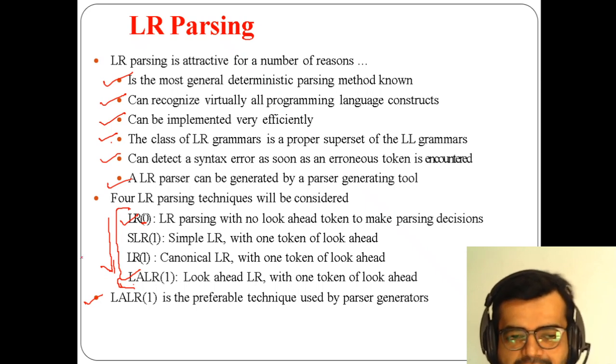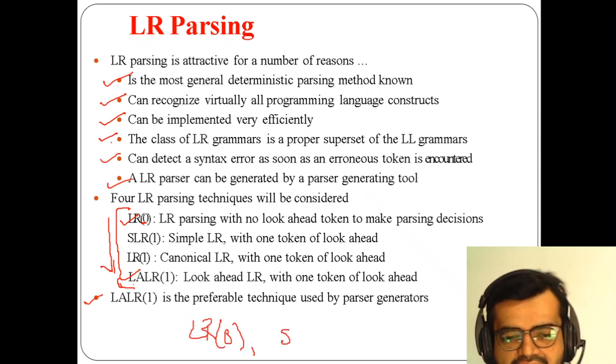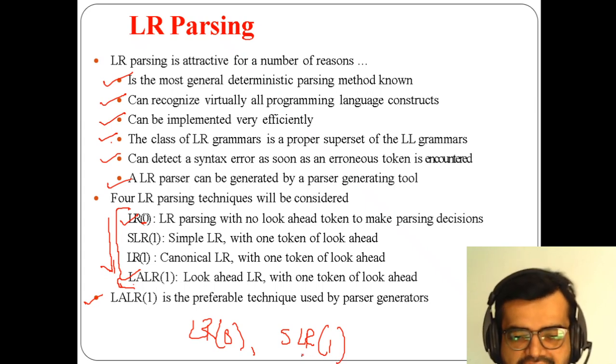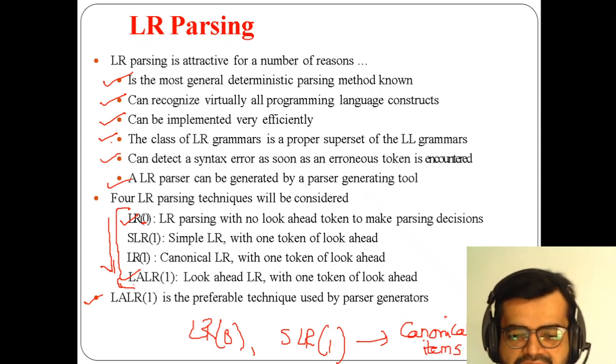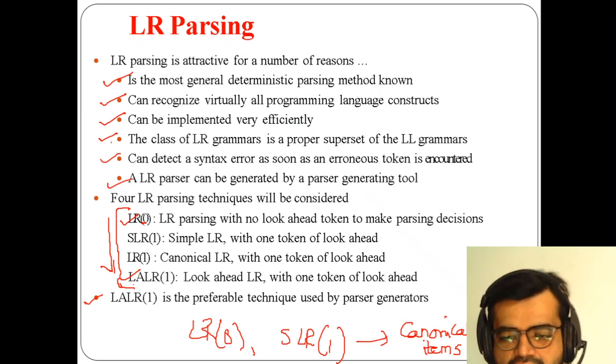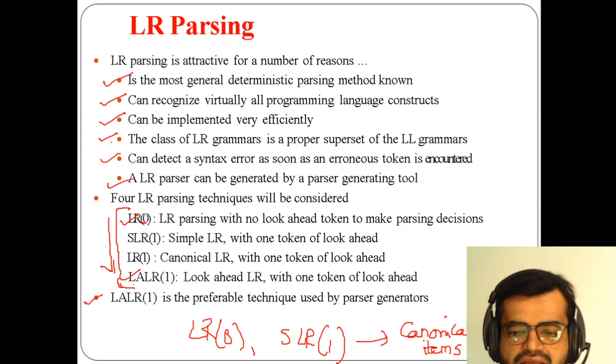But if you look at the similarity, the first 2 methods are similar, that is LR(0) and SLR(1). Why? Because, I'll show you, they use the canonical sets, the canonical items of LR(0) only. I'll let you know what this canonical means, because in the steps we'll show what the canonical items of LR(0) items are.